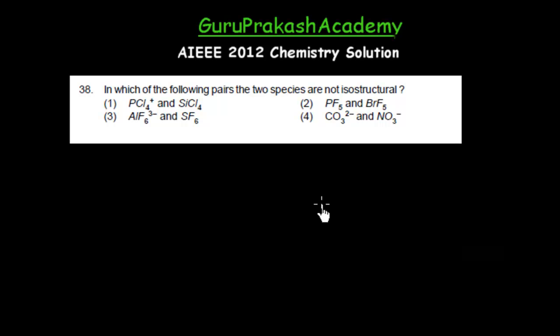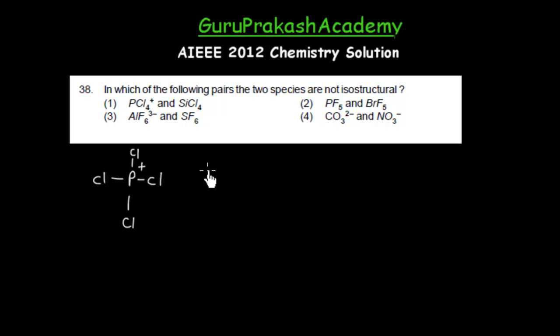Now this question is from the chemical bonding chapter. It says, in which of the following pairs are the two species not isostructural? This is again an easy question. So let us say if you write PCl4+, it will have a formal charge plus on phosphorus.